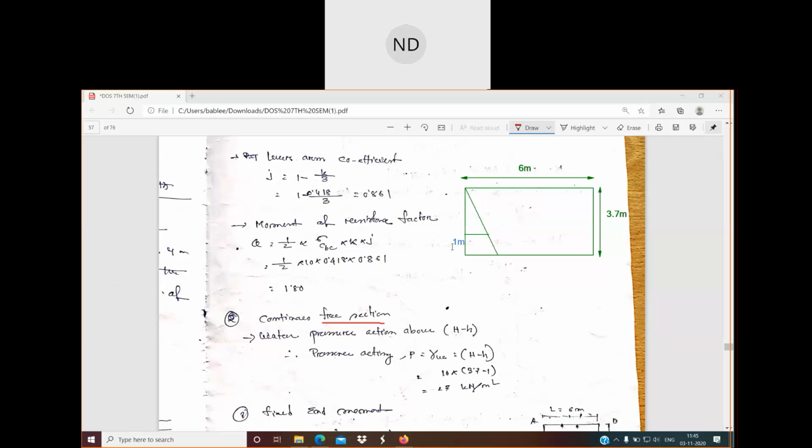This is 1 meter, because this 1 meter we have to design as a cantilever here, right? So if I mention you here, this is your loading for frame action. Okay, this is your loading for frame section.